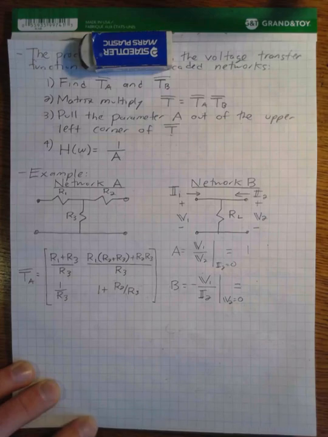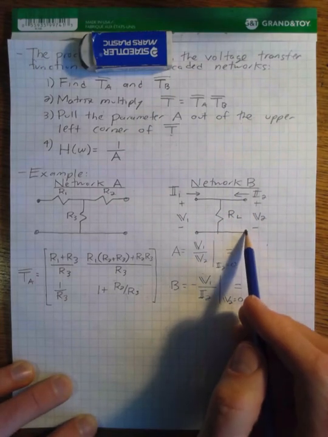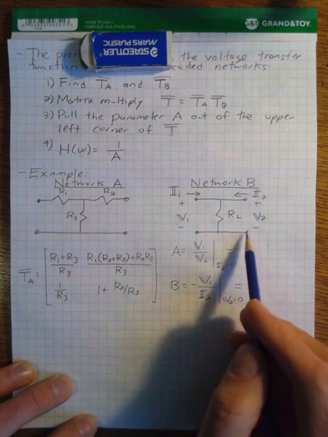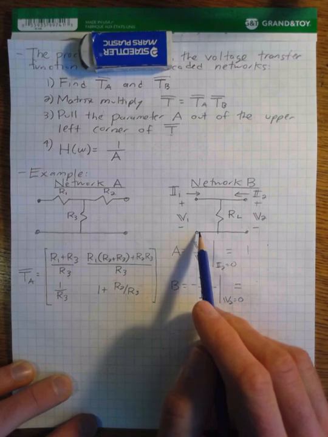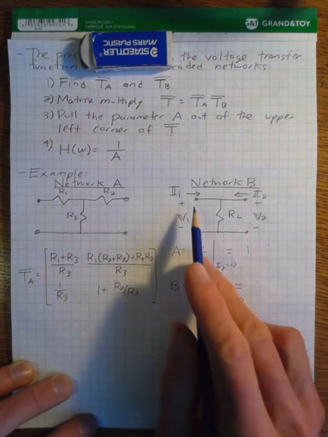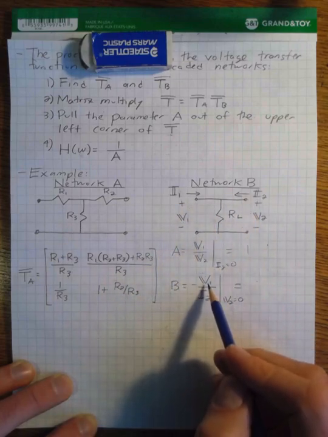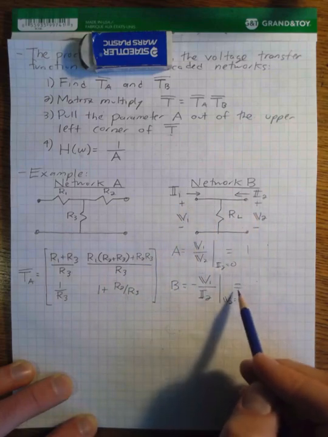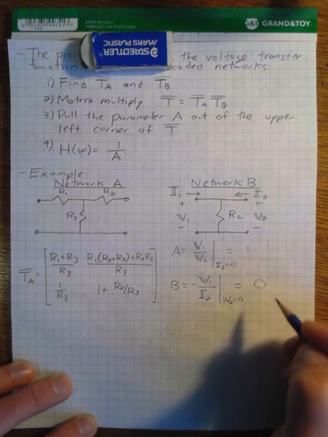Now, this is kind of a funny one, right? Because we've short-circuited port 2, so the voltage across here is 0. That means that the voltage across here is forced to be 0 as well. And if the voltage across here is 0, there's no current flowing, so this seems like it should be 0 over 0. However, the actual correct value for this is just 0.